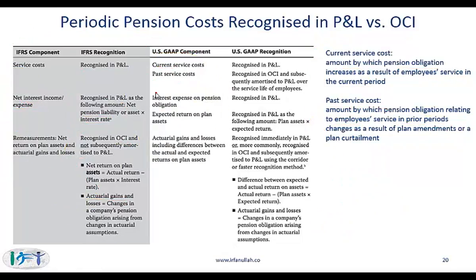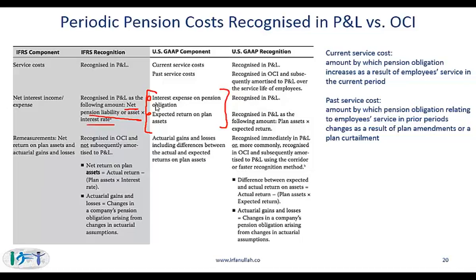The second item under US GAAP, or the second component, is given right here: interest expense on pension obligation and expected return on plan assets. Note that this particular item is broken into two parts in US GAAP, whereas under IFRS we just take one number where we take the net pension liability or the net asset and multiply by the discount rate.